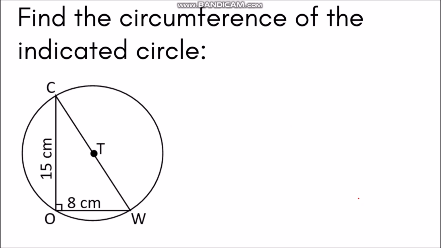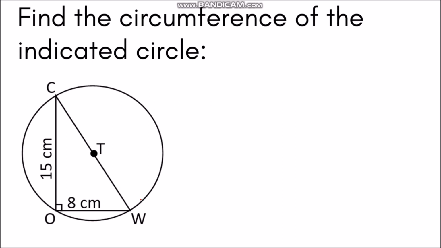Another example is, let's say we have this circle T and we have to find the circumference of the given circle. Here we have segment CO, which is a chord, and the length is given, which is 15 centimeters. We also have segment OW, which is another chord, and the length is given, which is 8 centimeters.